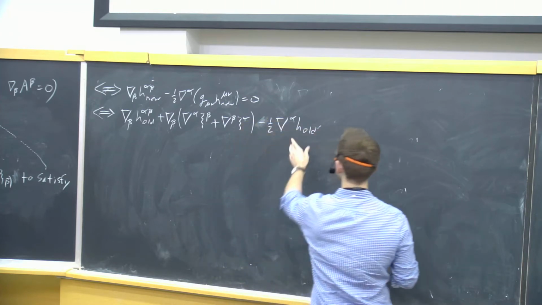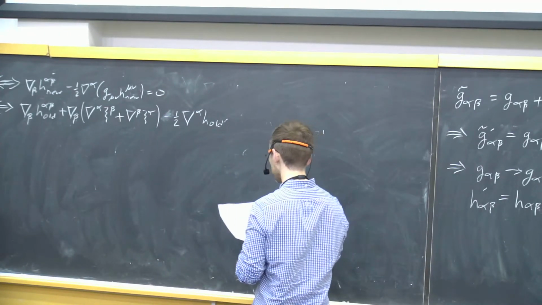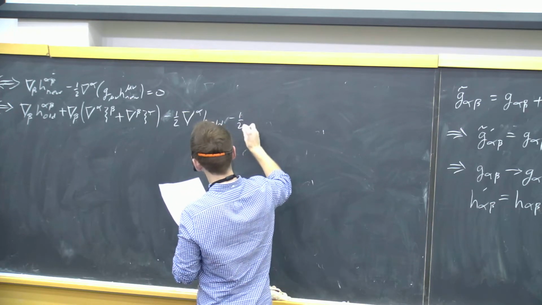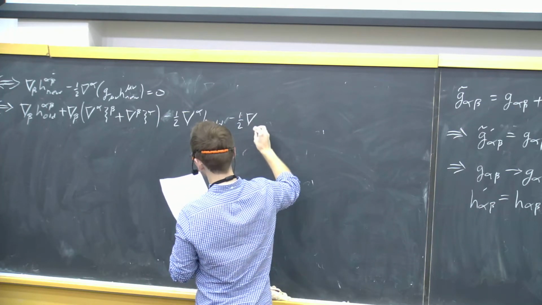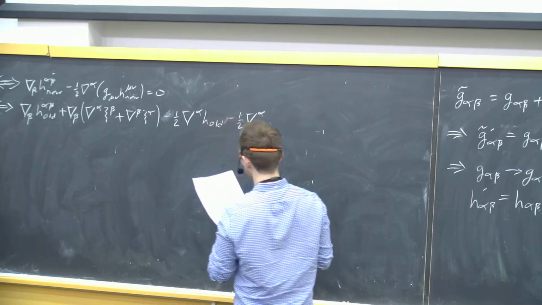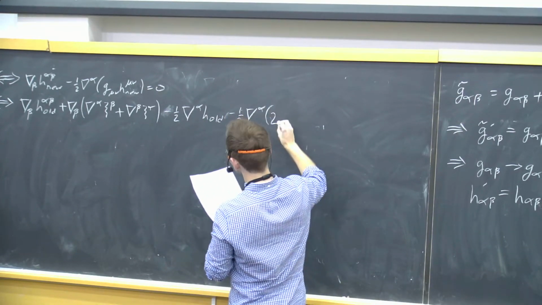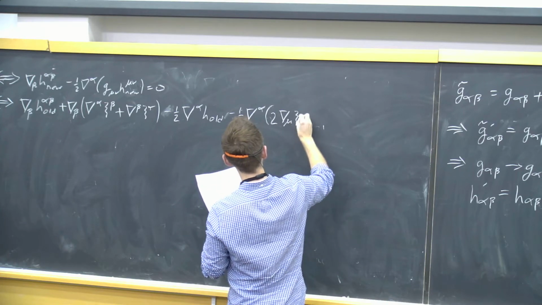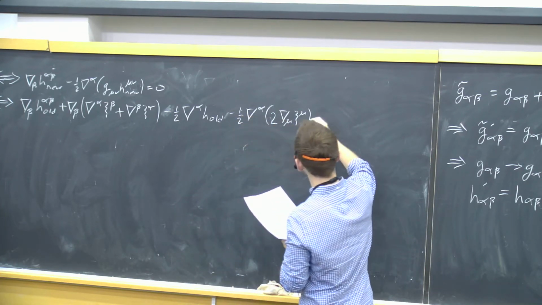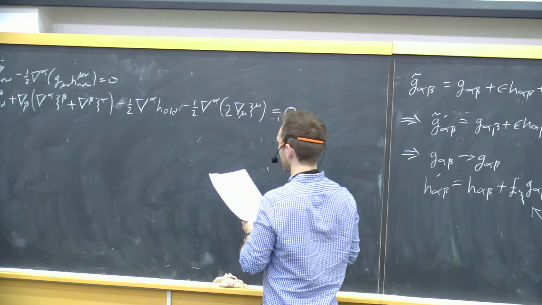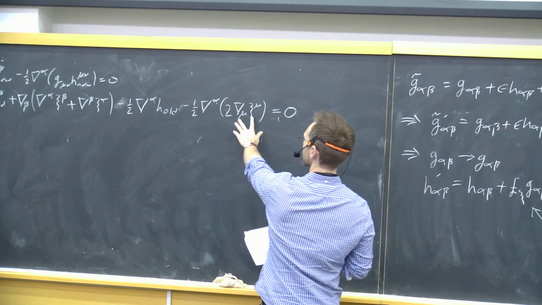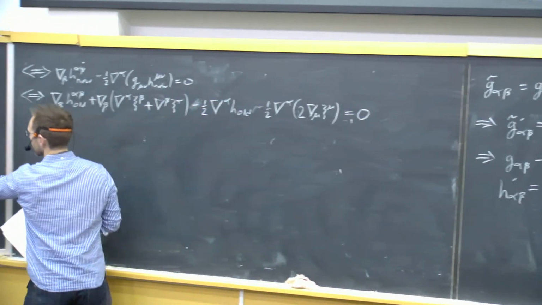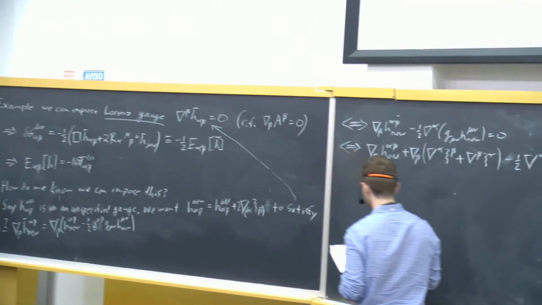This is the trace of h old minus 1/2 grad alpha 2 times the divergence of xi, all equal to 0. So this divergence of xi is coming from the fact that you're taking the trace of this symmetrized derivative.